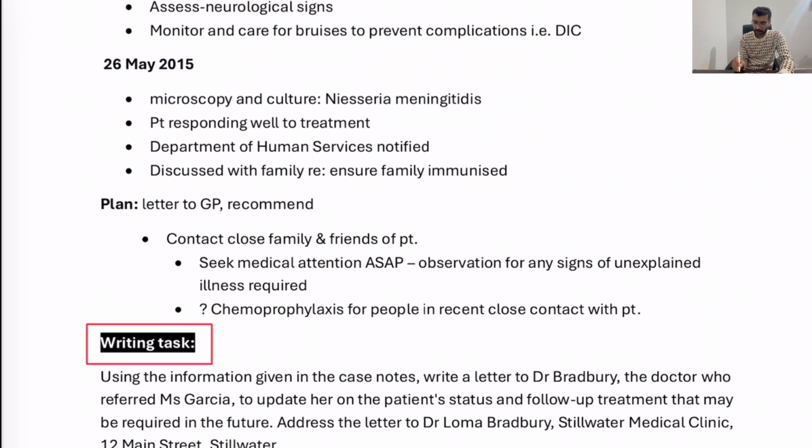So we need to update Dr. Bradbury regarding the patient's status because she referred the patient to us and we are treating the patient. Then we have the address.